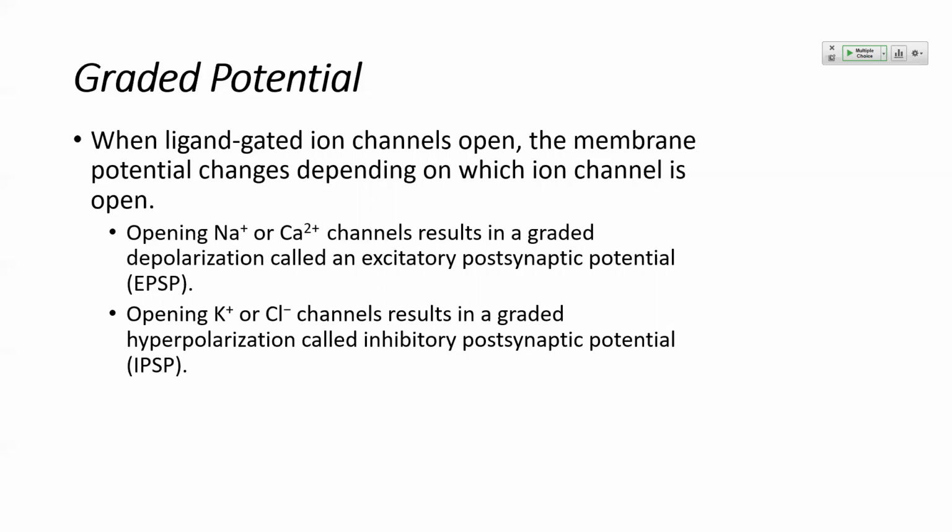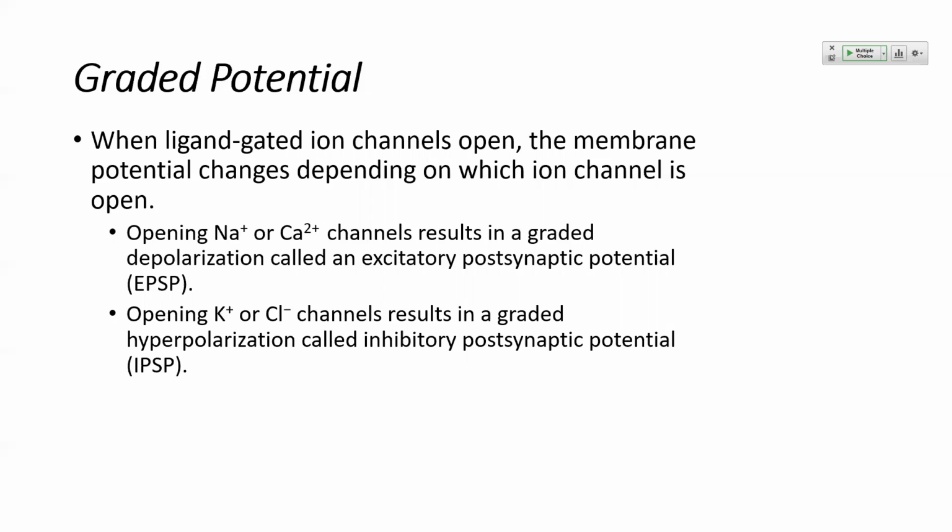Alternatively, we can open up a potassium channel or a chloride channel, and that would be a hyperpolarizing event, which will bring about an inhibitory postsynaptic potential, or an IPSP. And if we can sort of describe how this changes the membrane potential, we know that potassium has an electrochemical driving force out of the cell.